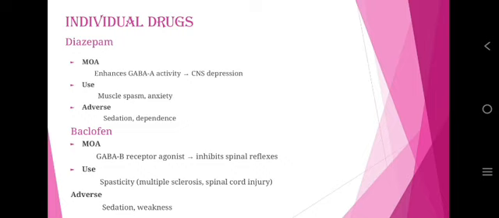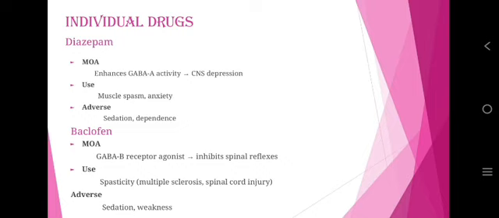And then the individual drugs involved in the centrally acting skeletal muscle relaxants. First, we see diazepam. Diazepam is a major drug placed among the centrally acting skeletal muscle relaxants. The mechanism of action of diazepam is that it enhances GABA A activity.